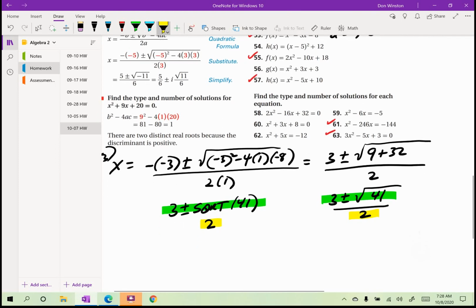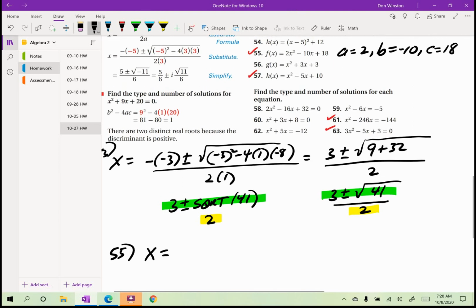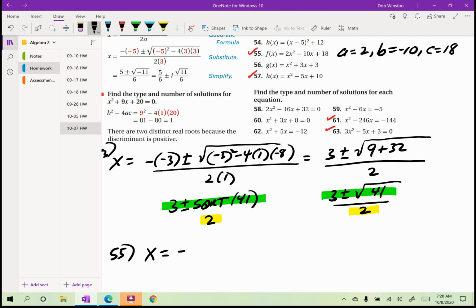Okay, 55. Again, we have a is equal to 2, b equals negative 10, and c equals 18. So we have x equals negative b, so 10, plus or minus the square root of negative 10 squared minus 4 times a, which is 2, times c, which is 18.